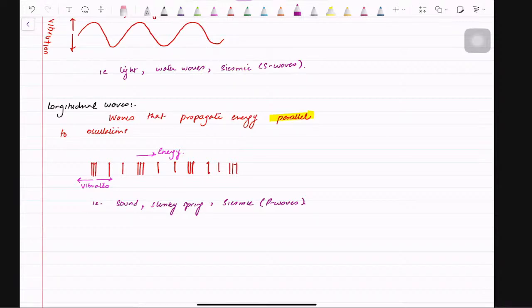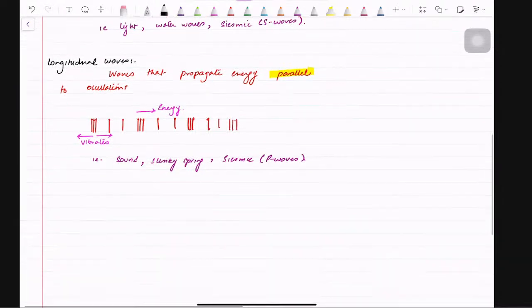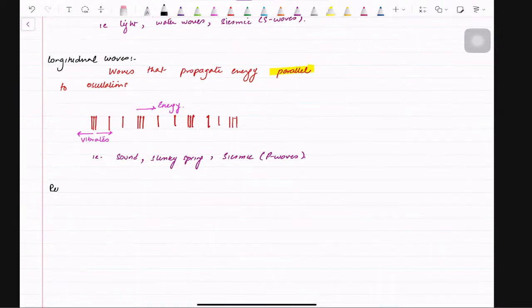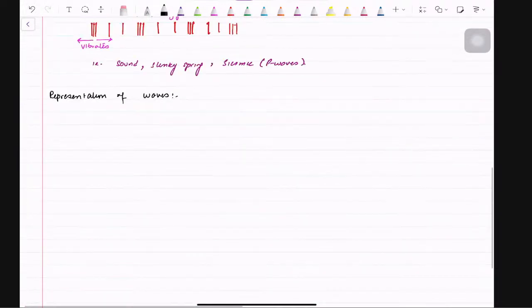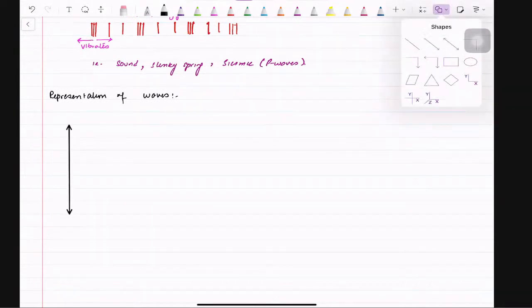Now what you guys need to understand is that we can represent these waves on a graph. So it's represented two different ways.